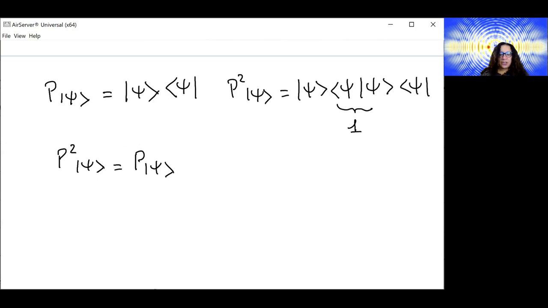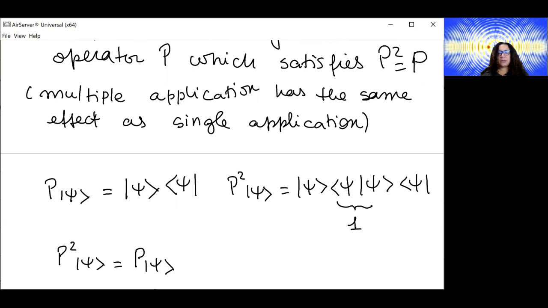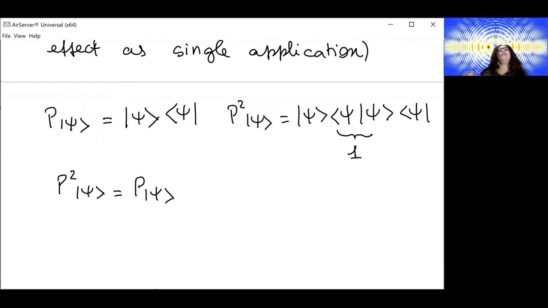So this actually satisfies this condition that said that multiple application has the same effect as single application. You can go on and on and on, and you see that this holds.